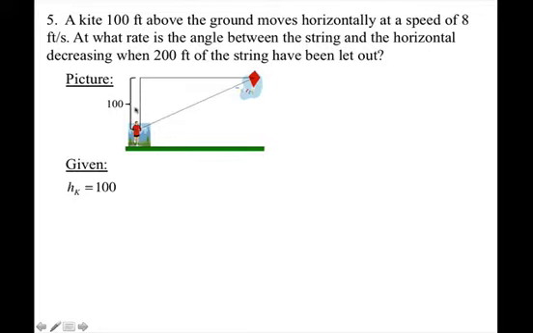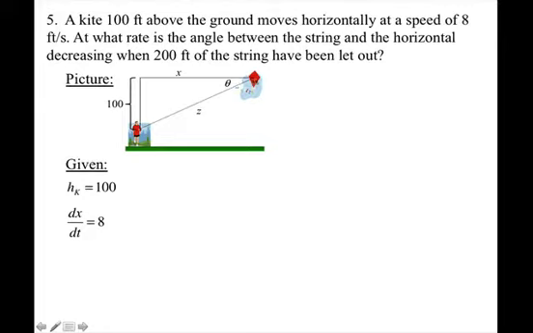And it says that it's 100 feet above the ground, so that's a constant. And it has a horizontal distance, which I'm going to label as x. And it tells me that the horizontal speed is 8 feet per second. And I'm looking at the rate at which this angle between the string and the horizontal is decreasing, so I'm going to label that theta.